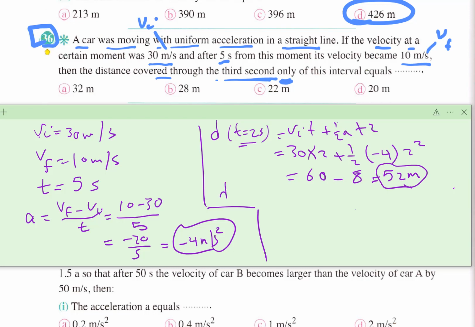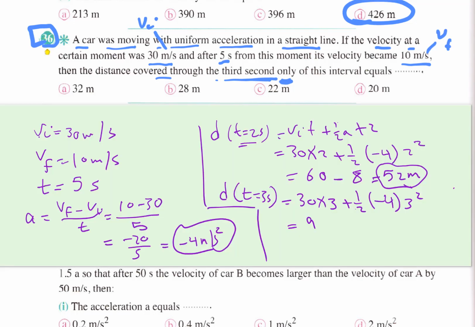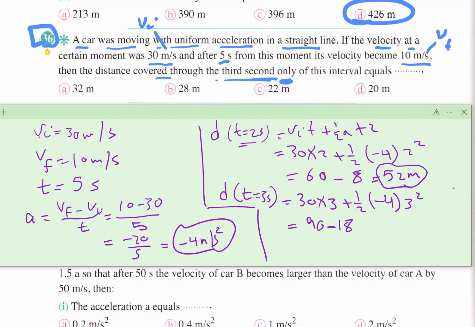Let's calculate d after 3 seconds. So V initial 30 times 3 plus half the acceleration negative 4 times 3 square. So 90 minus 18 equals 72 meters.